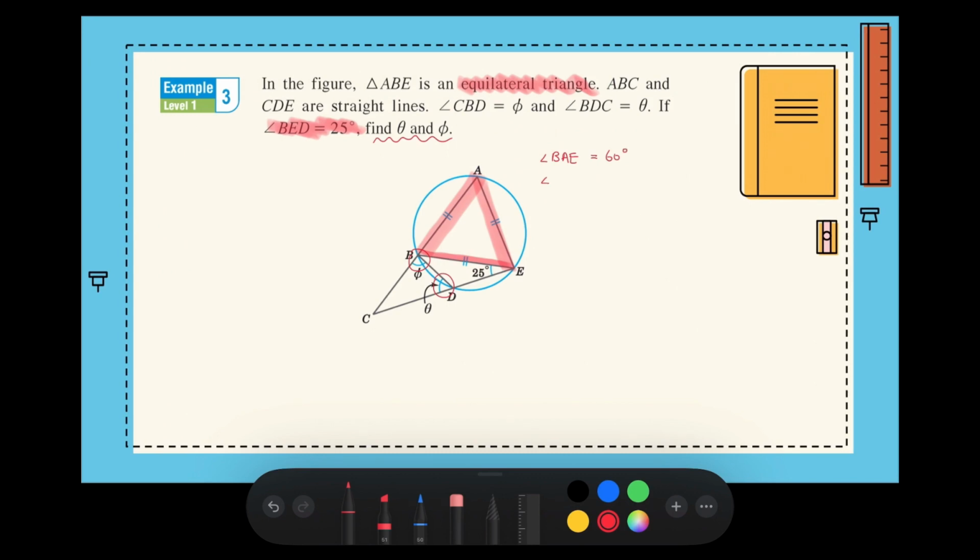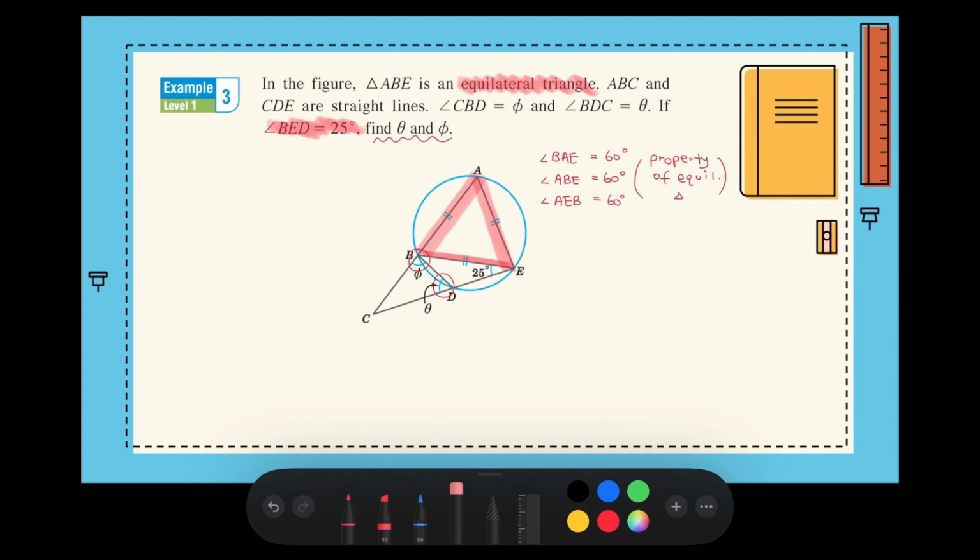Let's write that down. This is because of the property of an equilateral triangle.